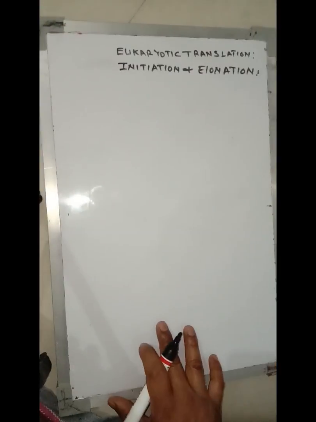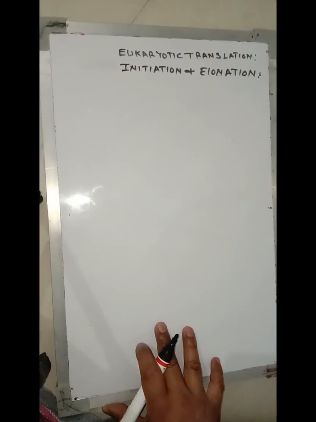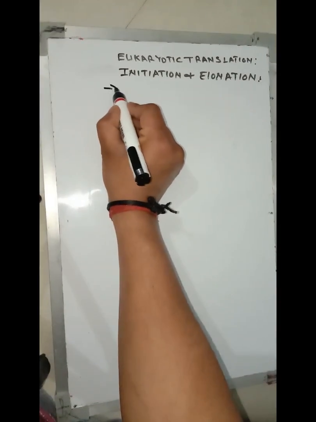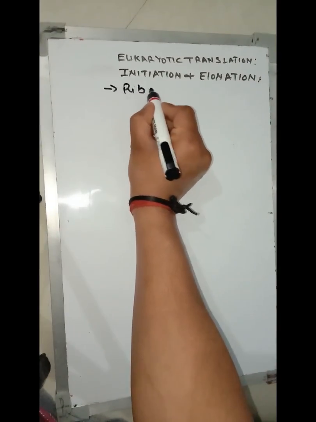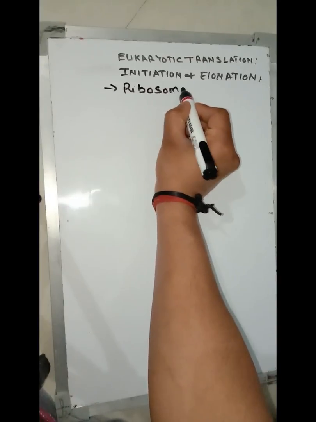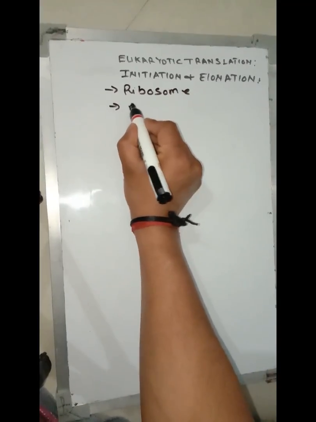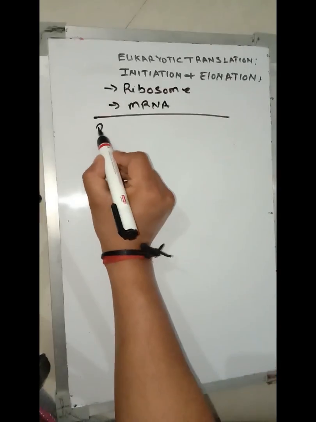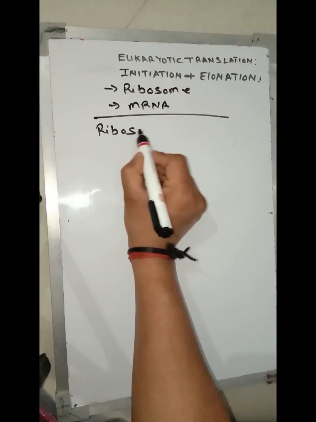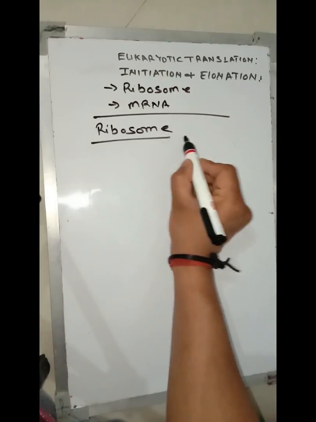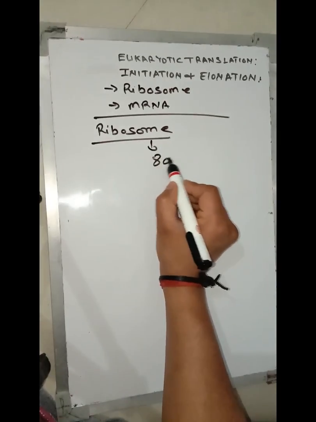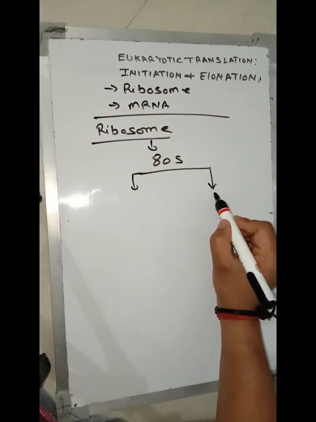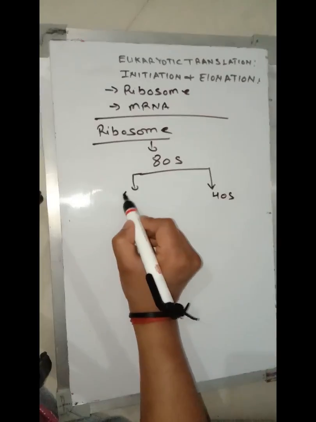So we'll start with the topic today, which is translation in case of eukaryotes. Before starting with the topic, let us focus first on the ribosome. Second is mRNA. Now the ribosome in case of eukaryotes is 80S, which further has two subunits. One is 40S and the other is 60S.